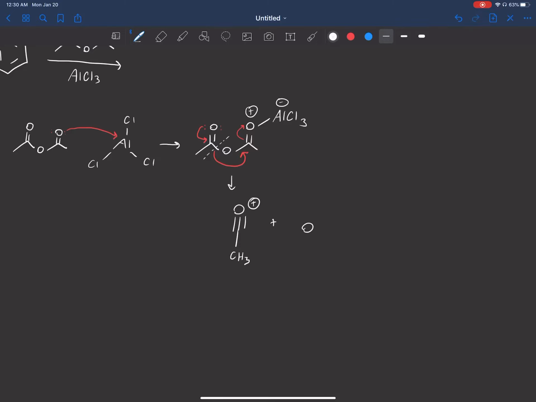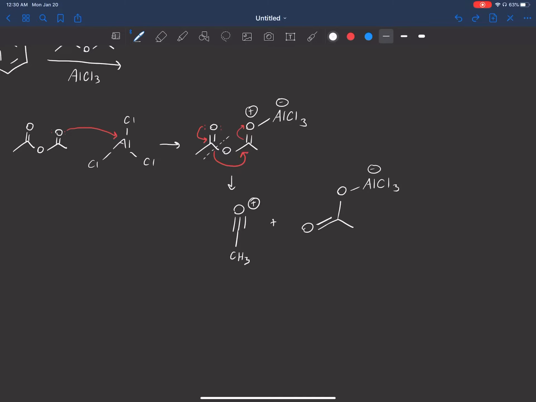Here's the other oxygen, down to AlCl3, still a negative here. The new double bond we formed, and here's where that old double bond used to be, and we resonated that up. That's why the positive charge went away on this one. So now we have this acylium ion.